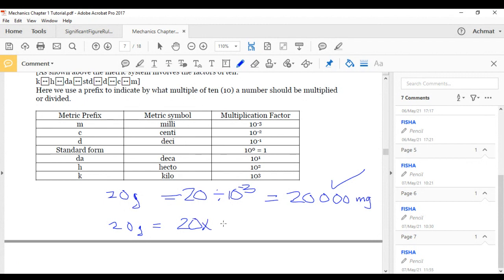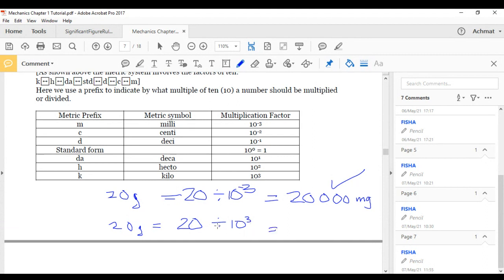multiplied, 20, let's just take that away, divided by, I said to go from standard form to another form. Just assuming we have this thing here, 10 to the minus 3, divided by 10 to the 3.